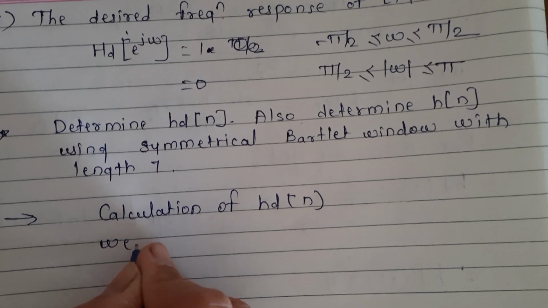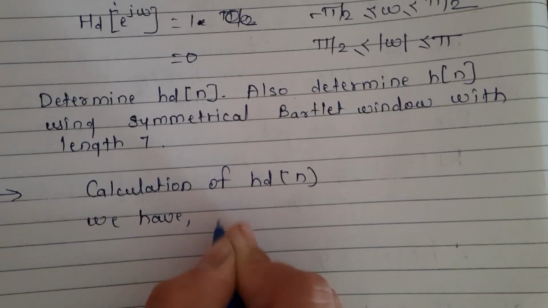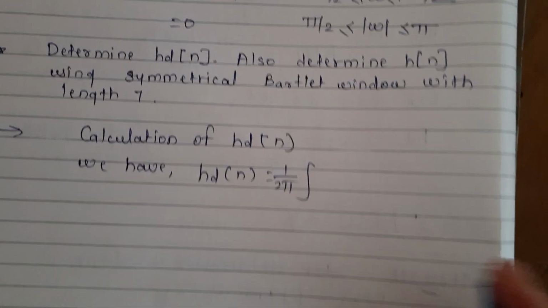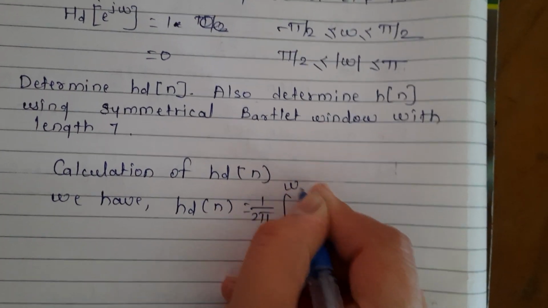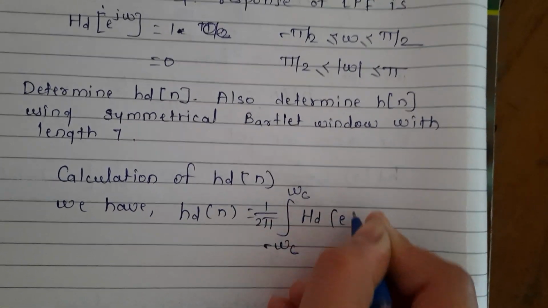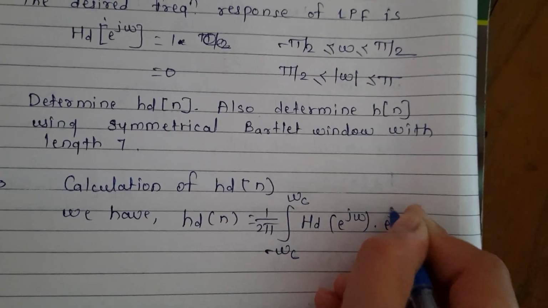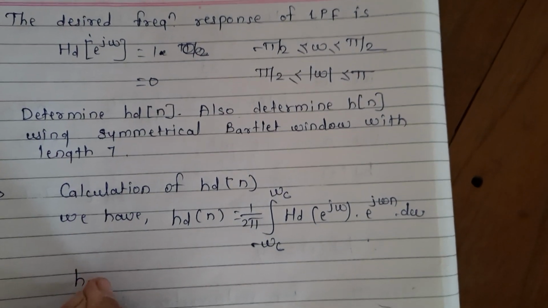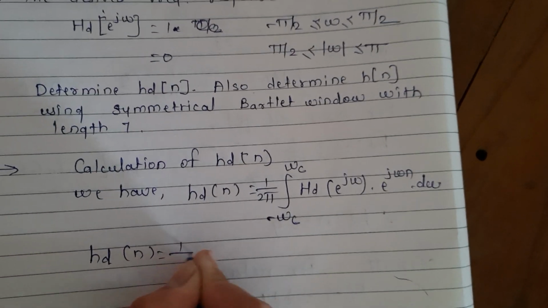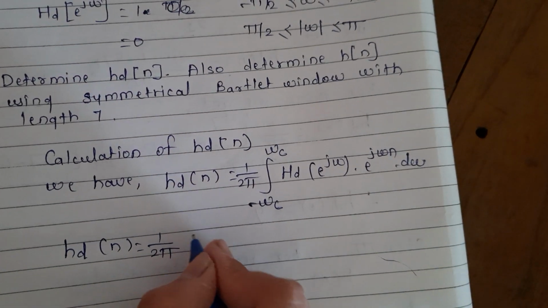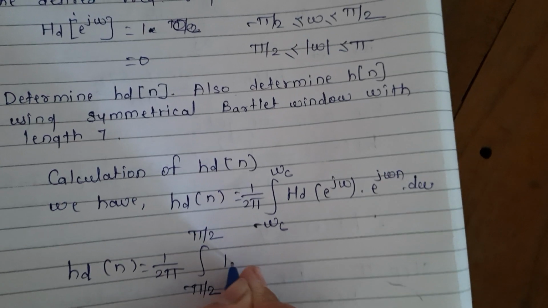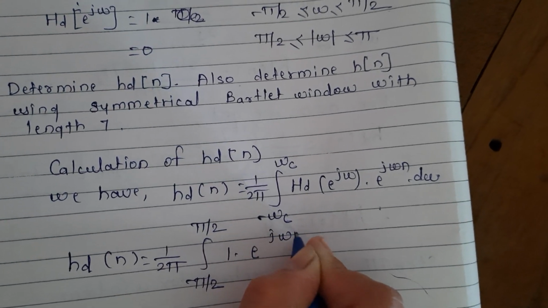So we have hd of n is equal to 1 by 2 pi integral from minus omega c to plus omega c of Hd of e raised to j omega times e raised to j omega n d omega. So we can write here hd of n is equal to 1 by 2 pi integral from minus pi by 2 to pi by 2 of 1 into e raised to j omega n d omega.